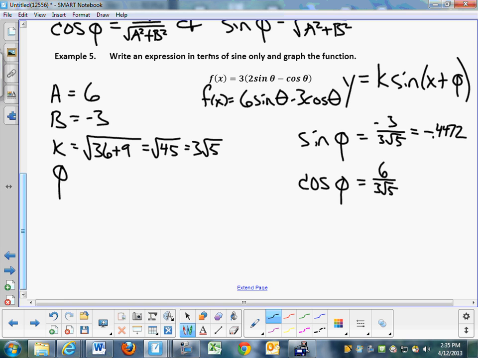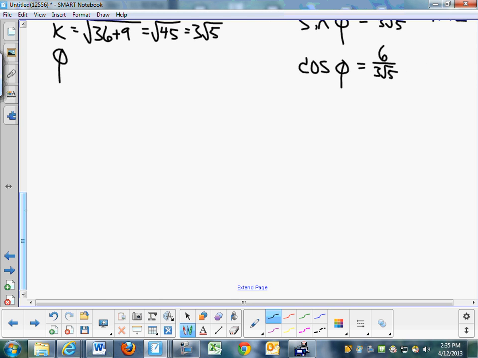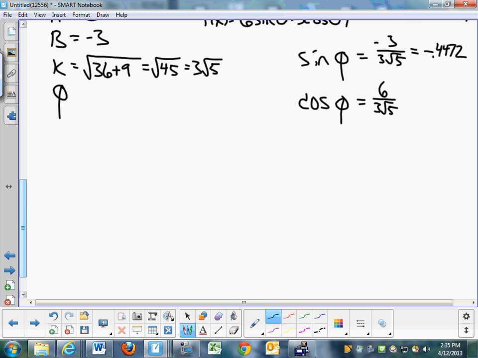Here's what it means when it says it must satisfy both of those. This is the most important part. This is where people get lost. It has to satisfy both. Well, it's the same angle, just in different quadrants. So where is sine negative? 3 and 4.